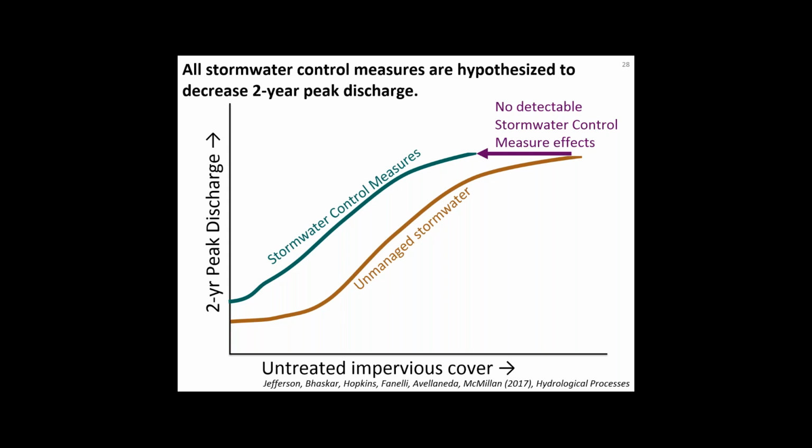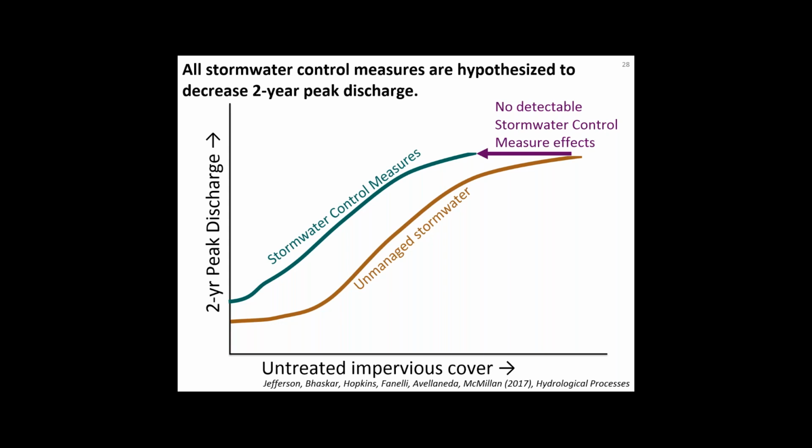Those are relatively rare, and we don't have a lot of those. So these are based on those existing studies, but also hypotheses that we're suggesting could be further tested to see how this would perform in other watersheds.